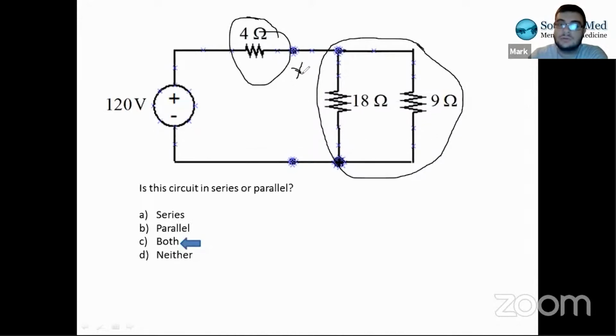There are two circled areas, so you have to do this 4 plus this whole thing. The value of this whole thing is actually just 6, and the way we found that is by considering these two in parallel. Does that make sense? Okay.